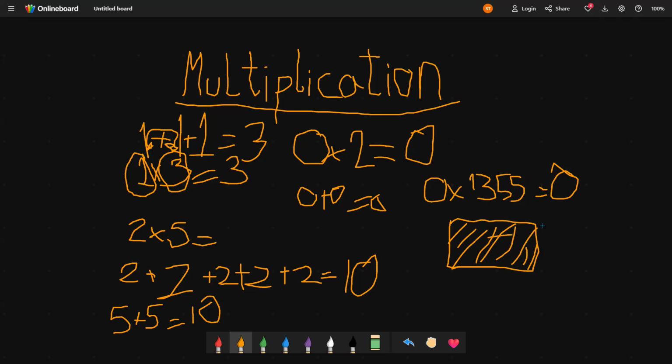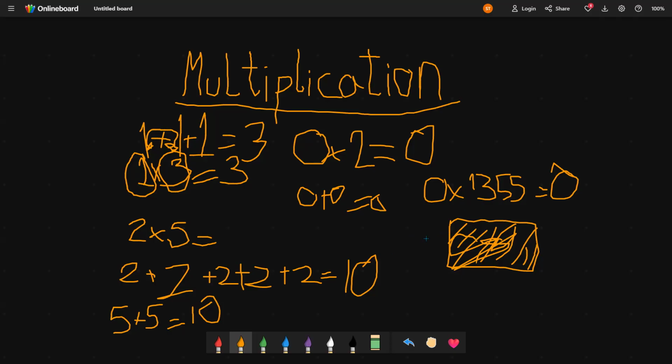Oh my god, let me draw inside the lines. Yeah, there you go, good enough. This side is called the width. The width is always the shorter part.